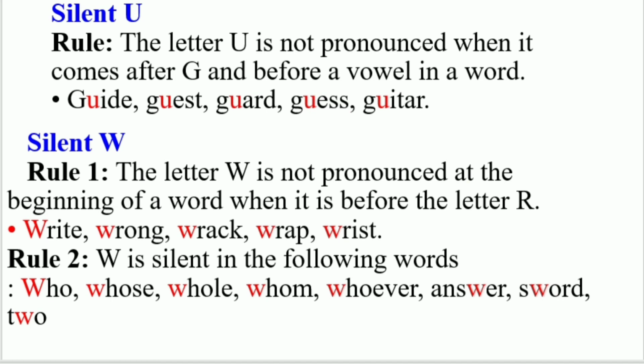Now the letter W. W is not pronounced at the beginning of a word when it is before R. For example, right, wrong, wrap, wrist. W is silent in the following words: who, whose, whole, whom, whoever, answer, sword, two.